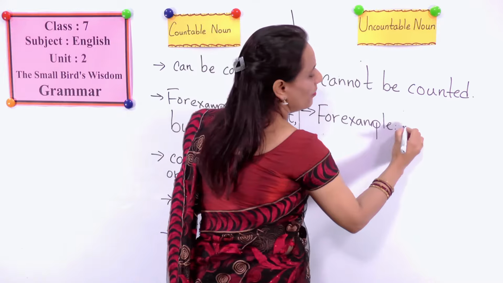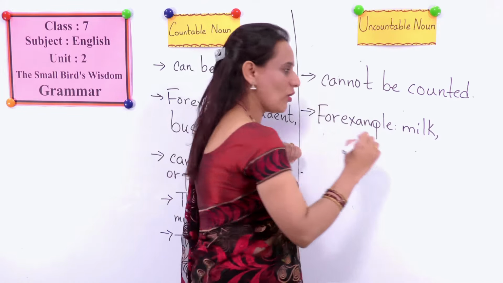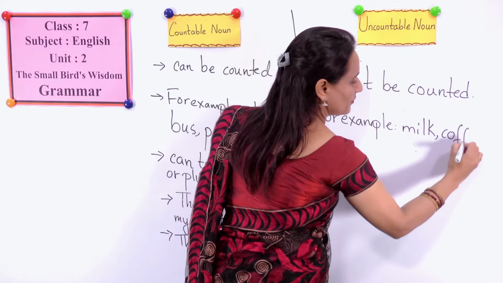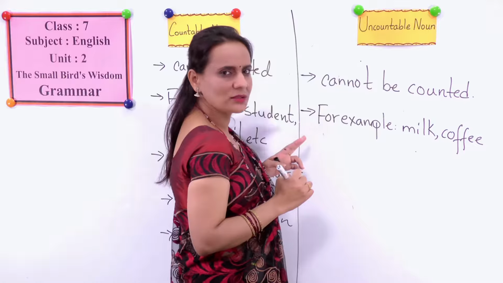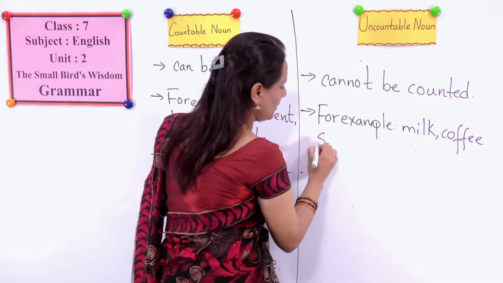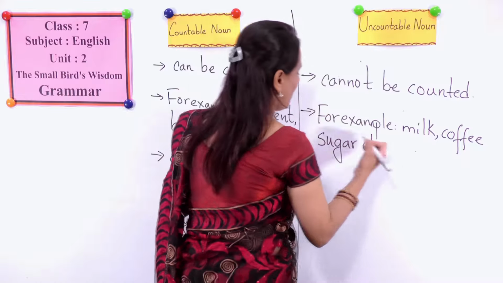Milk, good. After that, coffee, another, the things that you cannot count, sugar, etc.